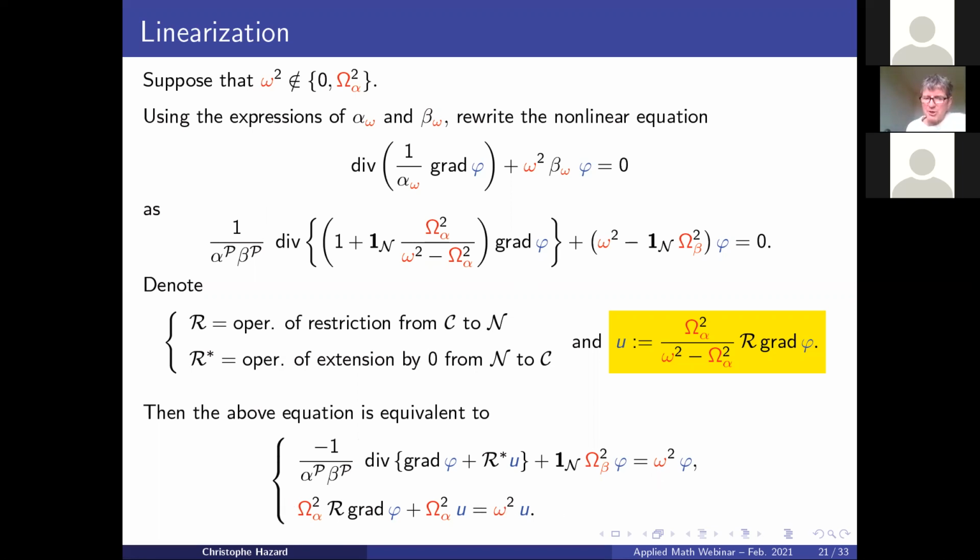The second equation here is simply the definition of U, rewritten by putting the omega term in the right-hand side. You see that omega appears only on the right-hand side here. On the left-hand side of the equal signs, you do not have omega. So my problem is linearized.